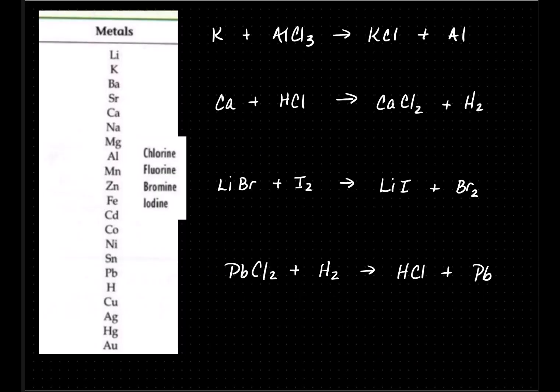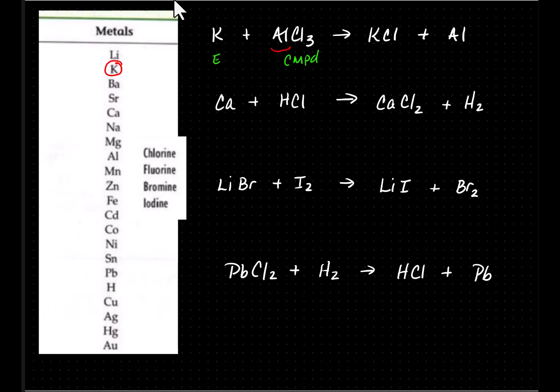So in this first example, potassium plus aluminum chloride. Potassium is an element, aluminum chloride is a compound, so we know this is a single replacement. How do we know if the reaction occurs? We look up the element potassium on the table right here. Since potassium is a metal, it's going to replace the metal in aluminum chloride, which is aluminum.